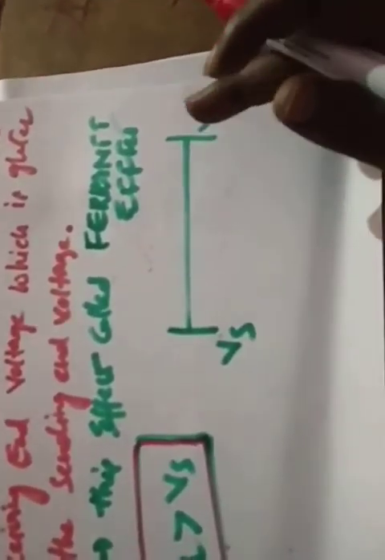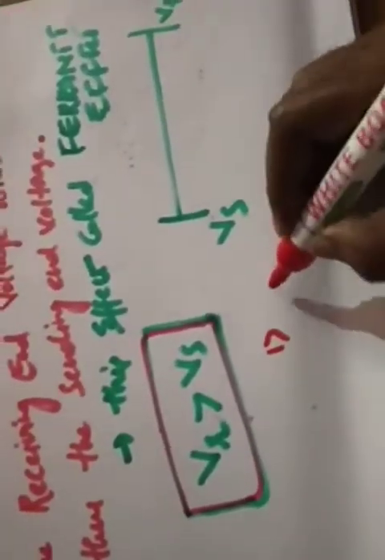I hope it's clear. The Ferranti effect states that under some conditions the receiving end voltage is greater than the sending end voltage. Under which conditions, we need to know. The first one is no load condition: if we don't have any load at the receiving end, the receiving end voltage is greater than the sending end voltage.